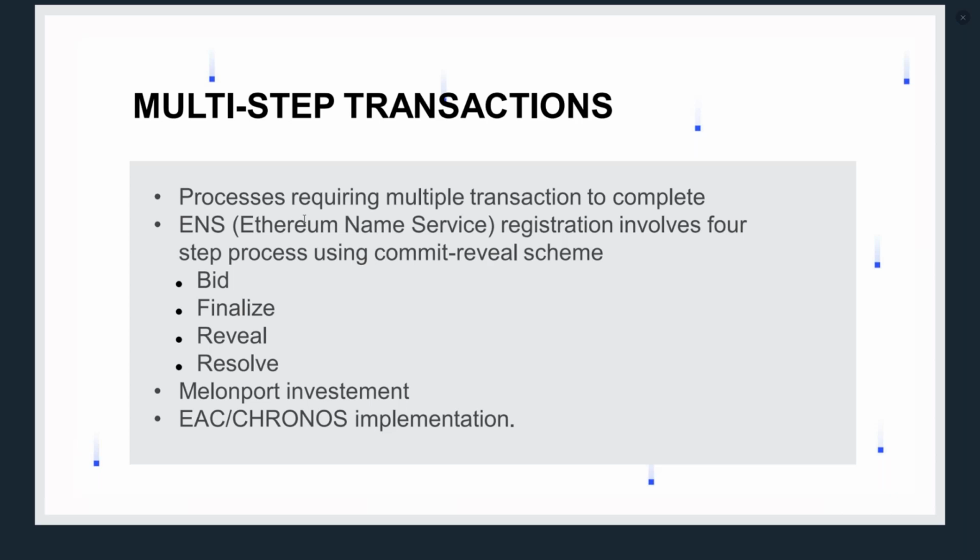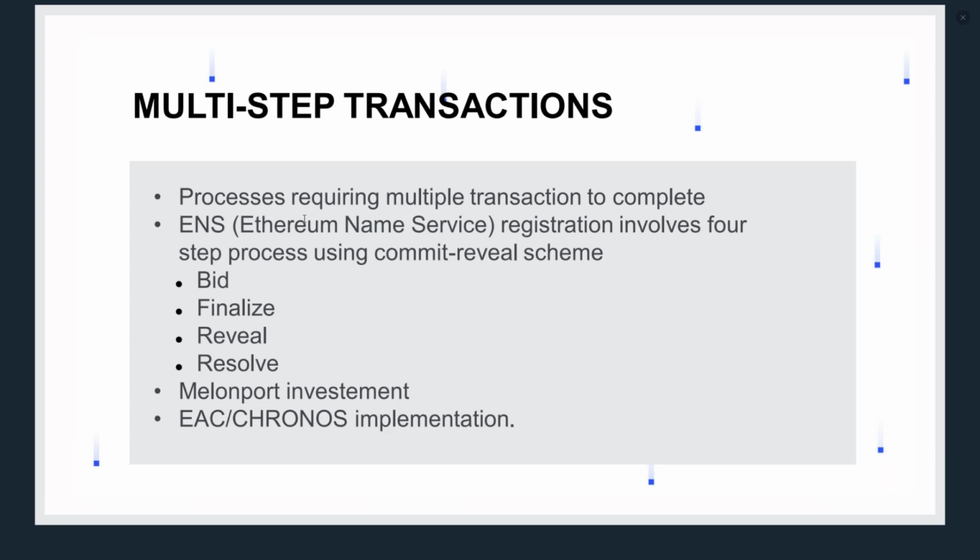You first have to bid. After you've bid for the name, you come back to finalize the bid after waiting for some period. Then later on, you reveal your bid after waiting for another time period, and then finally resolve the bid. The reason it's like this is to ensure decentralization, ensure security, and give other people the opportunity to partake in the process.